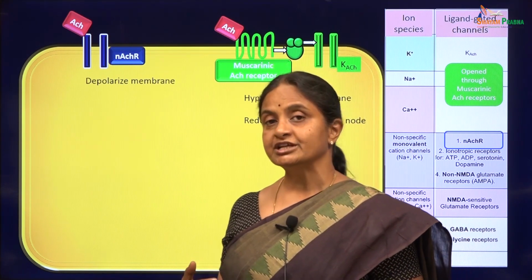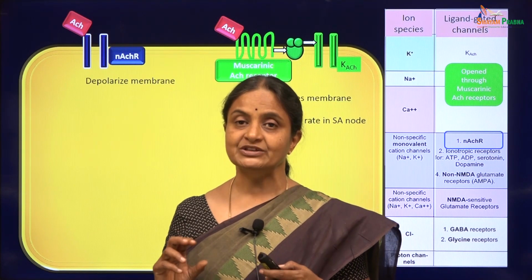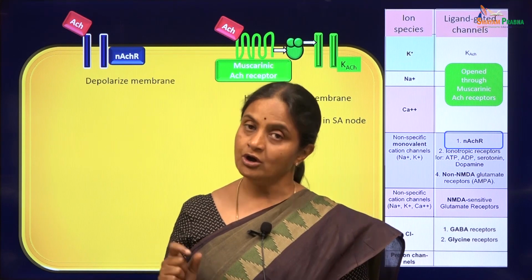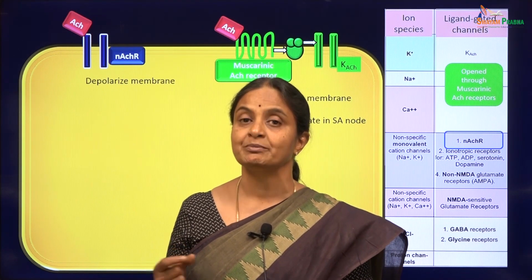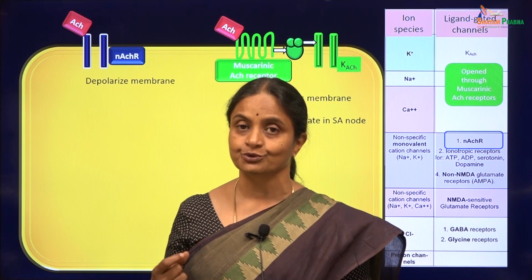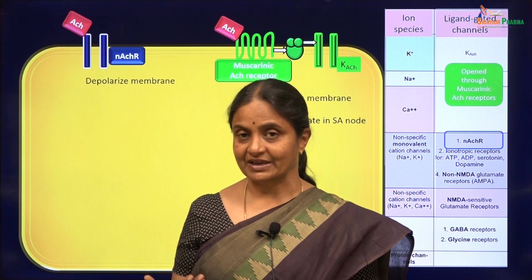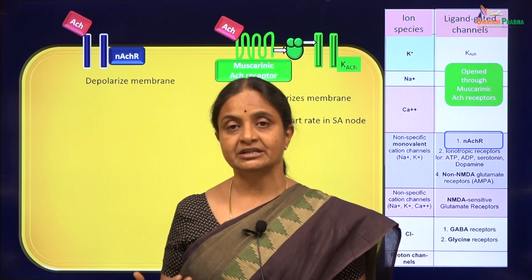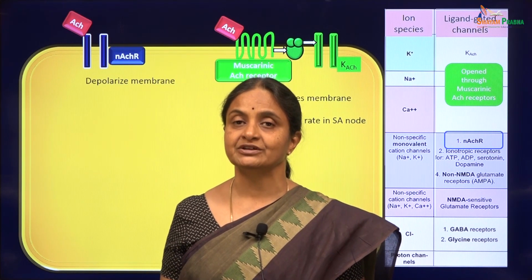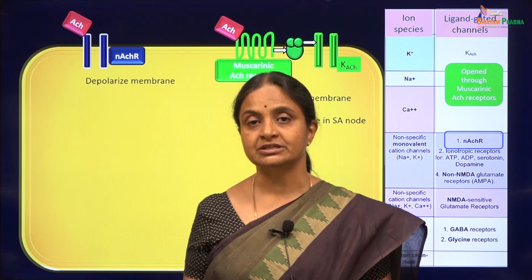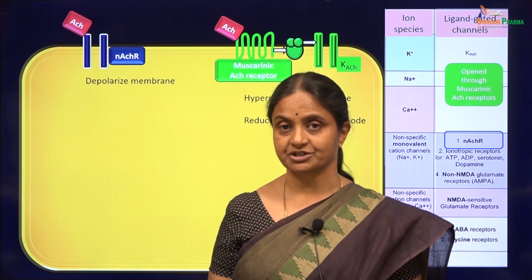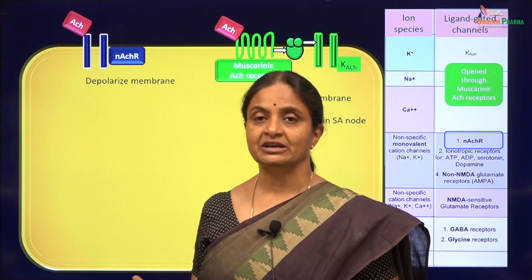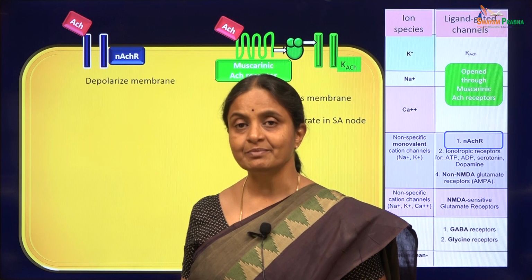The equilibrium potential for such non-specific cation channels, be it non-specific monovalent cation or non-specific cation channels which also permit the divalent cation calcium to go through, whichever non-specific cation channel, if those are the only channels which are open in the membrane at a given time, then the membrane potential will reach 0 millivolts because there is current in both directions. If the membrane potential is moving towards 0 millivolts, that is depolarization of the membrane.